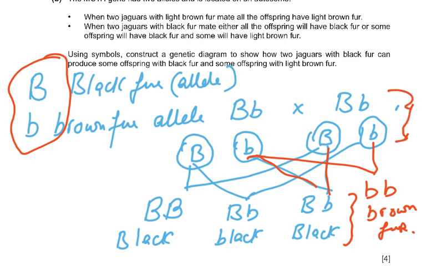Writing the gametes was 1 mark, and then this was the third mark. So 1 mark for the symbols, 1 mark for the gametes, 1 mark for the offspring genotype, and 1 mark for the offspring phenotype. So you got your 4 marks. So I'm telling you how we mark these genetics questions. So genetics questions are those in which you can get really full marks anytime.